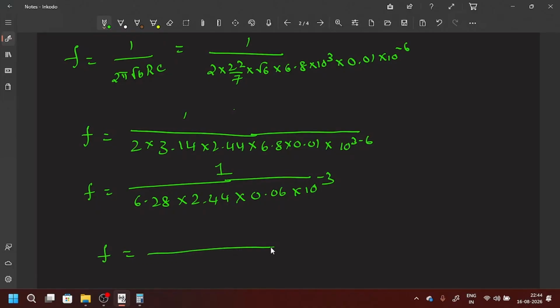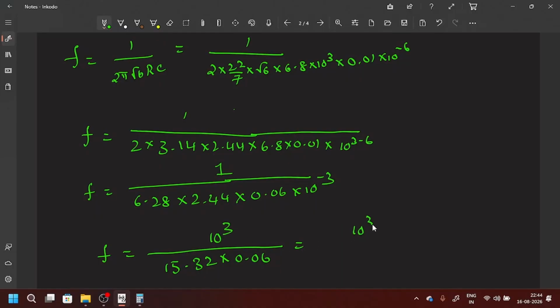Now 6.28 multiplied by 2.44 will give me 15.3232. So 15.32 multiplied by 0.06. This 10 cube will go on the numerator.